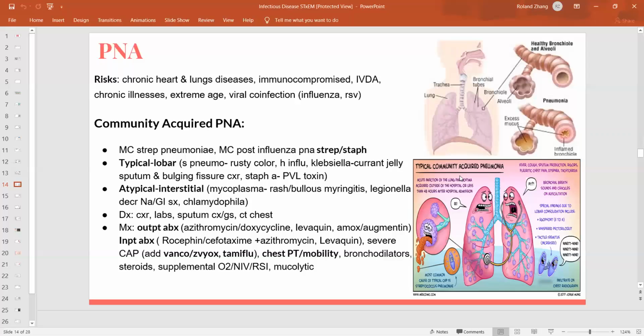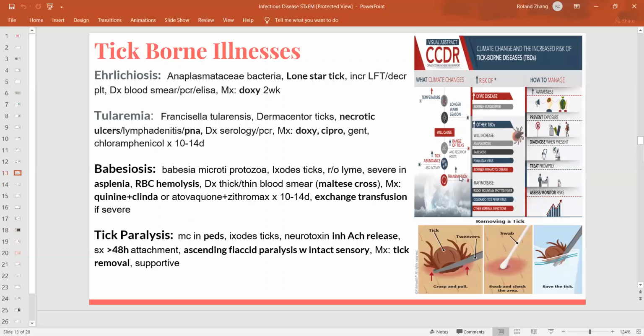So you want to get a forceps and remove the tick at the head where the bite is. Because if you use the forceps at the body, you will remove the body, but not the actual tick where the bite is.